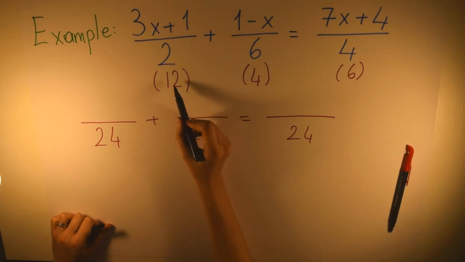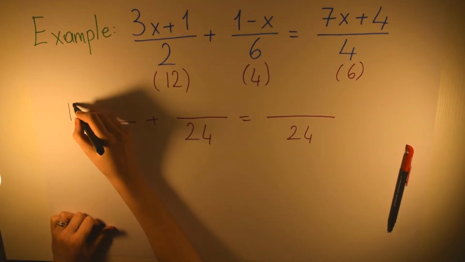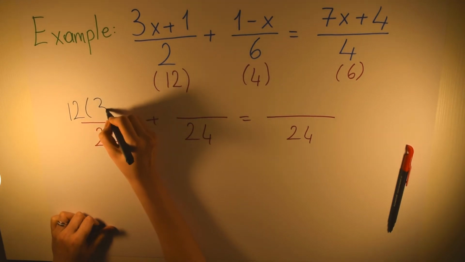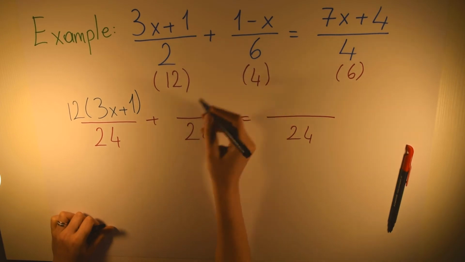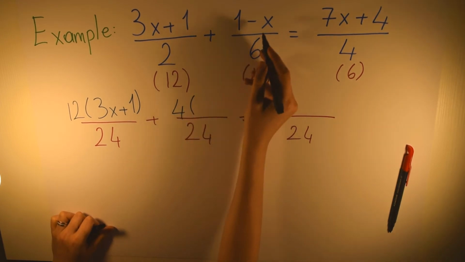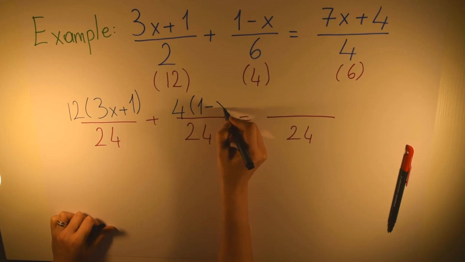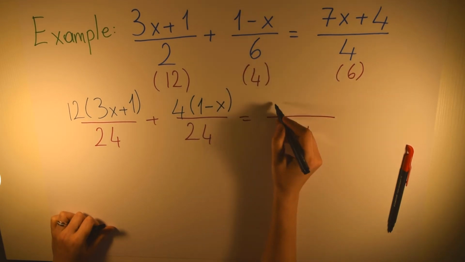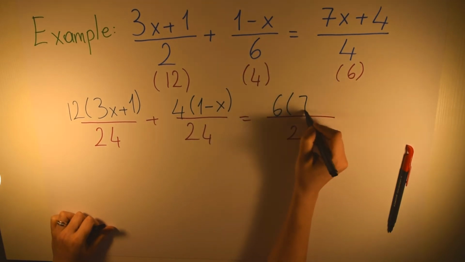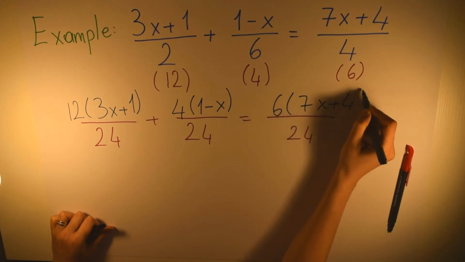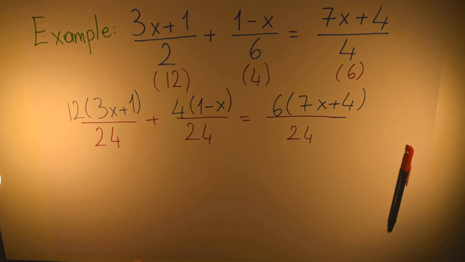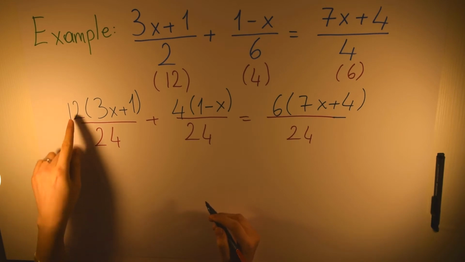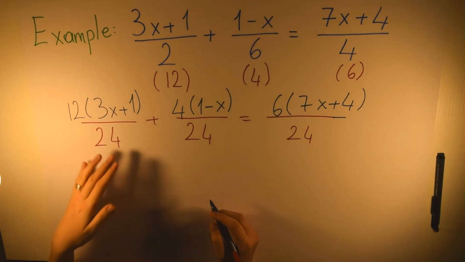So here we have how we do this: 12 times 3x plus 1. Okay, so here 4 times 1 minus x, and here 6 times 7x plus 4. Okay, so we put them in parentheses. So here after this we do the same thing as we did before.